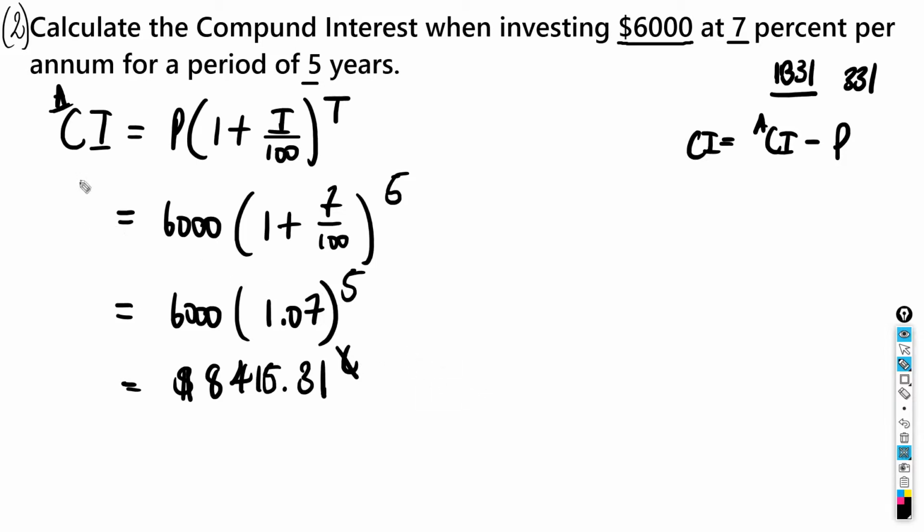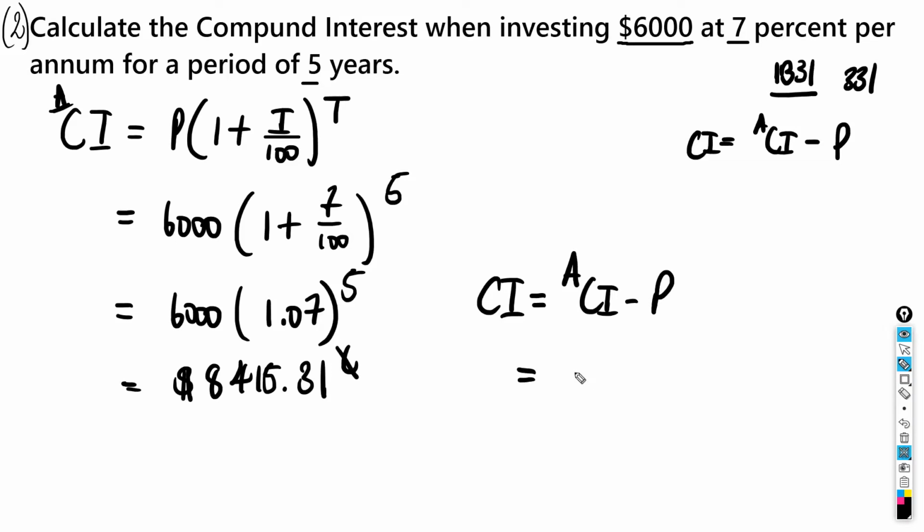But remember, this is the accrued amount. This is the interest plus the principal. This is not just the compound interest. So we need to find just the interest only, which is the accrued amount minus the principal.